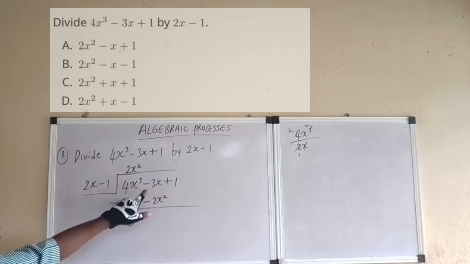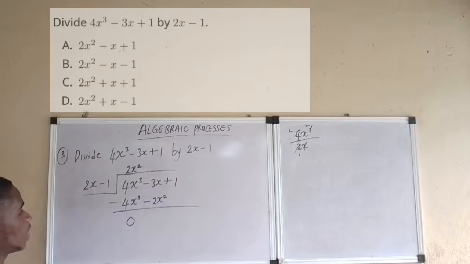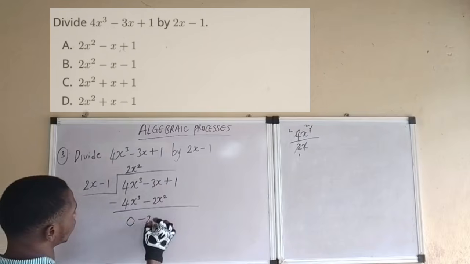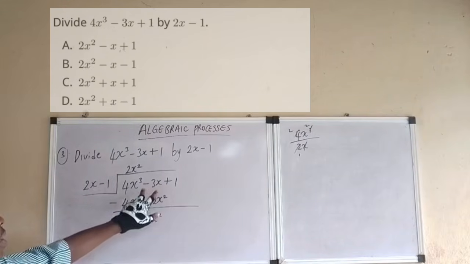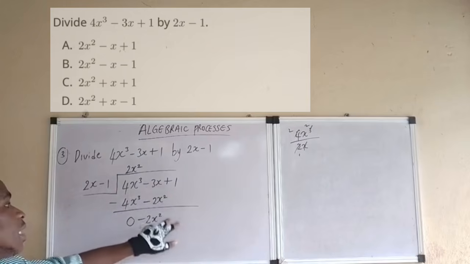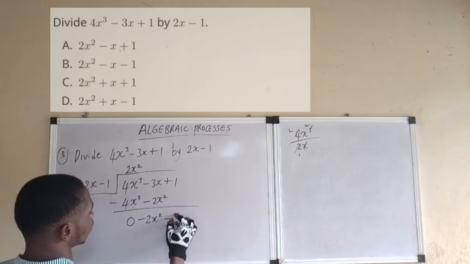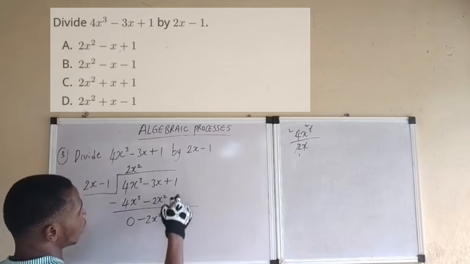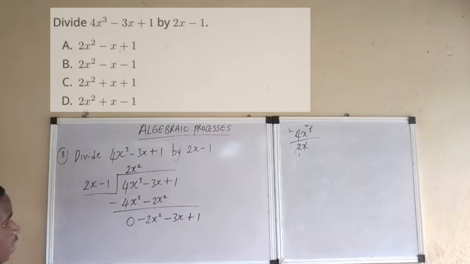So it means that there is no corresponding value that can subtract this minus 2x squared. So this minus 2x squared comes down. Now, for the minus 3x, it is not subtracting any value here, so it comes down also. Then 1 is not subtracting any value, so it comes down. So these are the new values that we have.